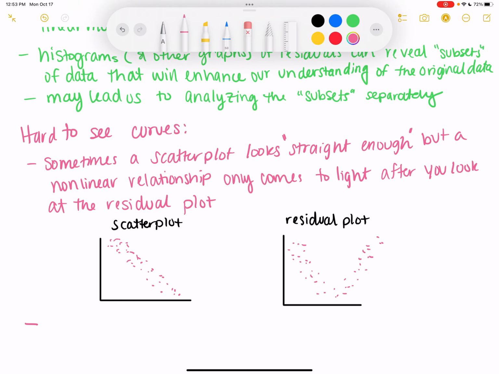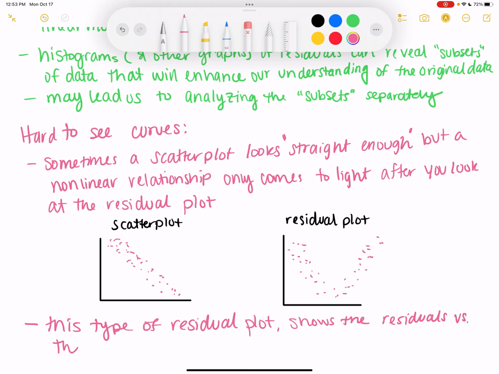So this type of residual plot shows the residuals versus the explanatory variable.